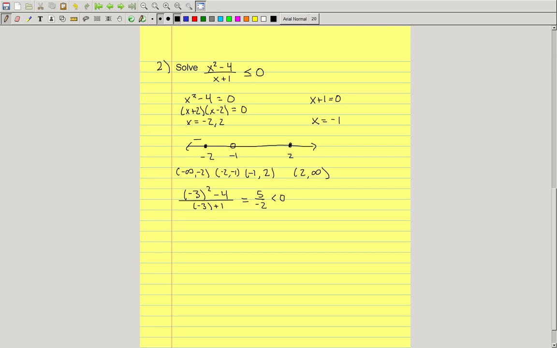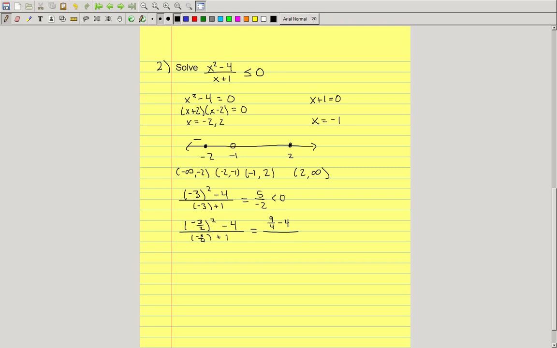Next up, we need to pick a value that's between negative 2 and negative 1. So we're going to pick negative 3 halves. In our numerator, this is going to give us 9 divided by 4 minus 4, which is going to be negative.